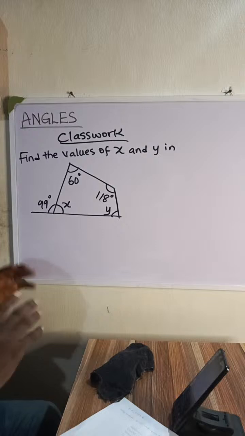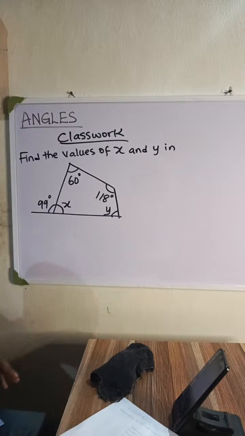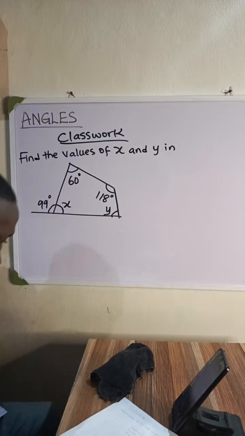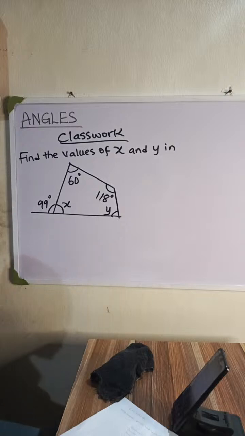Someone said you write the two answers at the same time. But I'm going to take Nana's answer. Nana said x is equal to 81 degrees. So I've written that for you. Now it's left for you to get y. x is equal to 81 degrees.